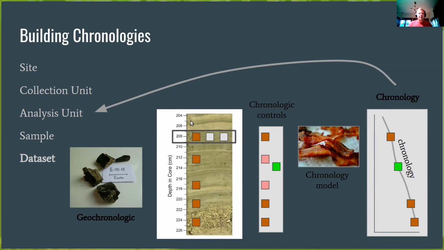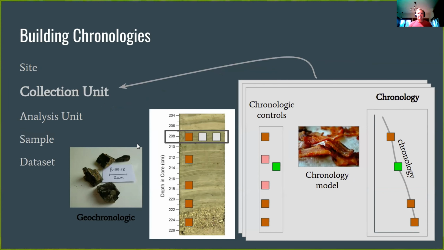So the thing is, because this is associated with the collection unit, rather than specifically with the data set, this chronology then applies to all the data sets within the collection unit through the data model. So it's nice, all of a sudden, everything can be updated for that one core.